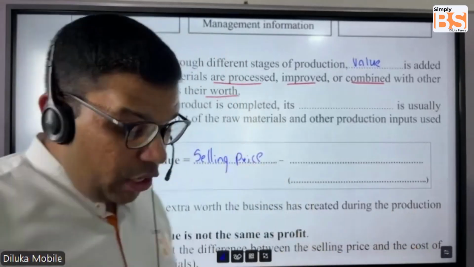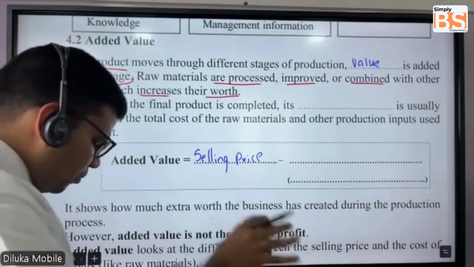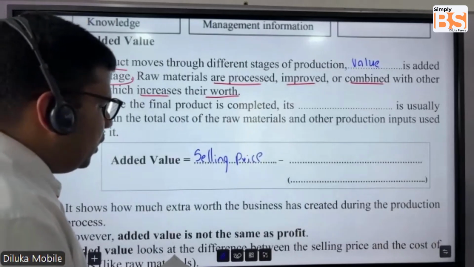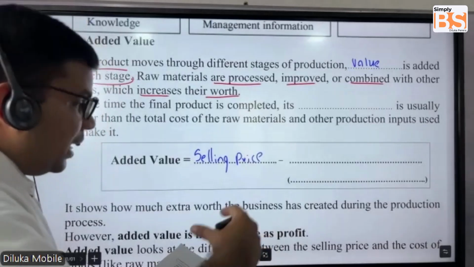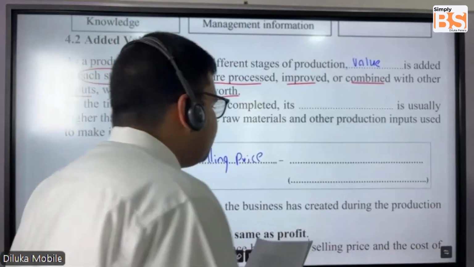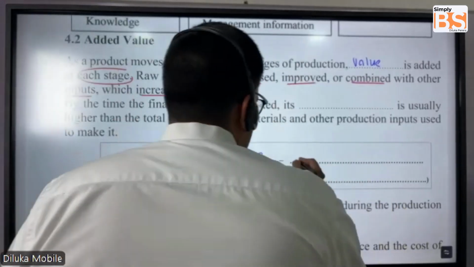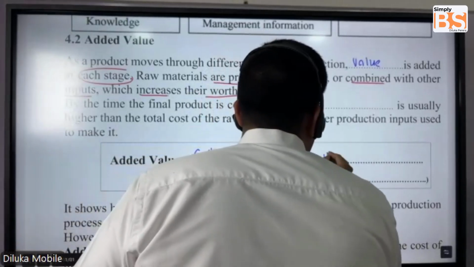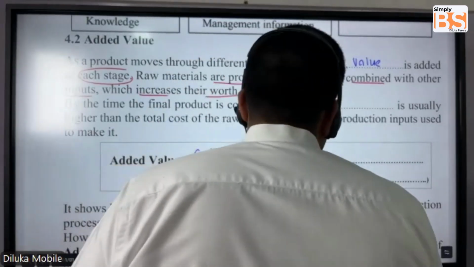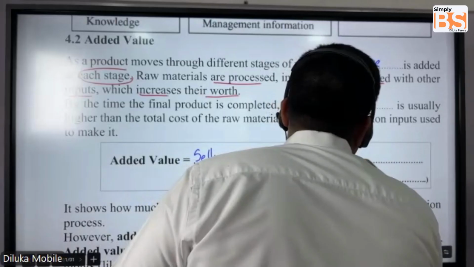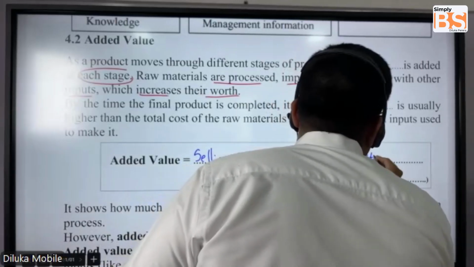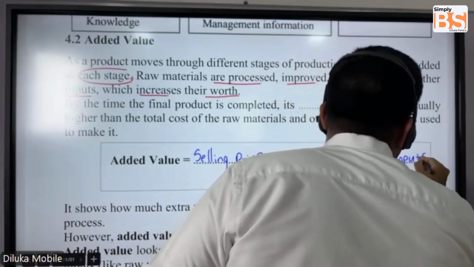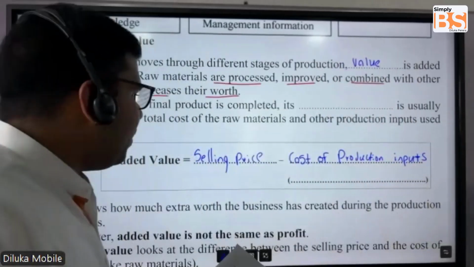So from the selling price, we need to take out the cost of production inputs.